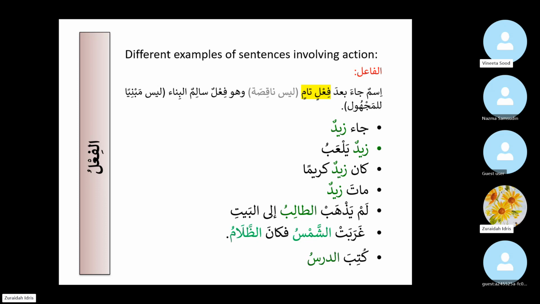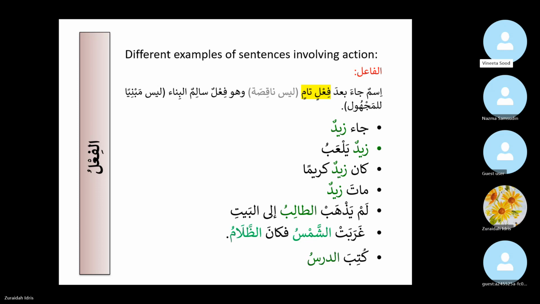Okay. Kana Zaidun Karimun. Kana is fi'l naqis, and Zaidun is its ism. Karimun means dignified, generous. So Zaidun was generous. Correct.